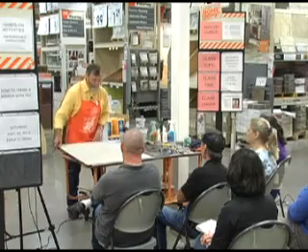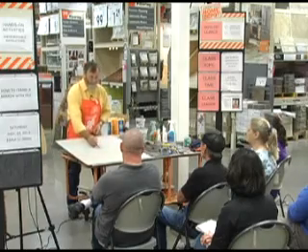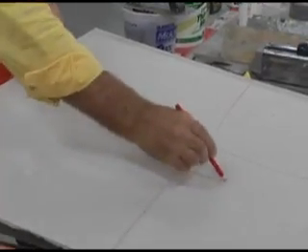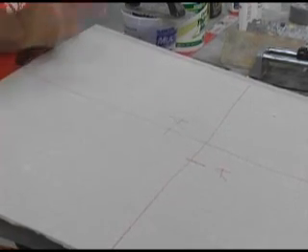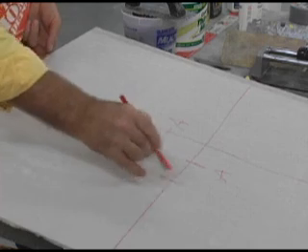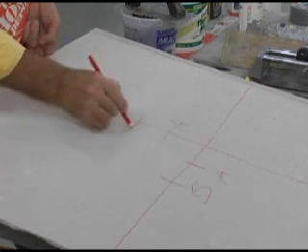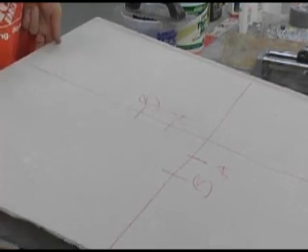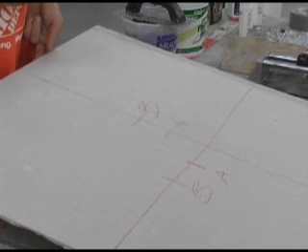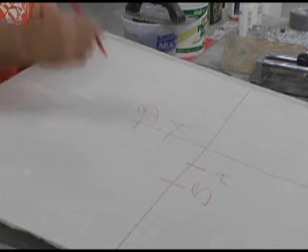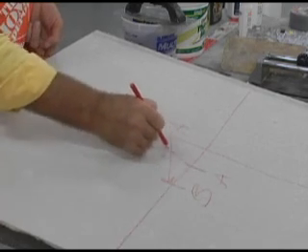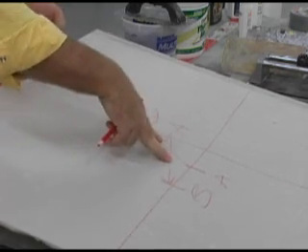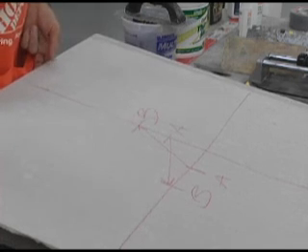What I'm going to do is I'm going to say measure out a known distance here. We're going to call that A. Measure out a known distance here. That would be A also. A second known distance, B. Cross measure the diagonal. Okay? So what we want to do is measure from A to B, A to B. Those two measurements should be exactly the same.